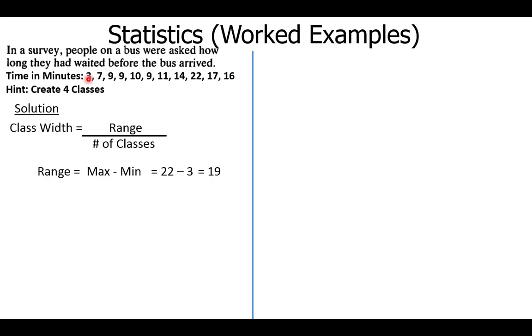Okay, now that we've gotten our range, the next part is straightforward. We are going for the number of classes, and we have been told that we should create 4 classes, meaning that our number of classes is equal to 4. Now that we've got those two knowns, let us look for the unknown, which is our class width.